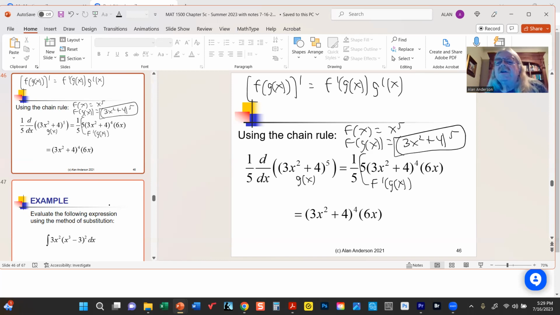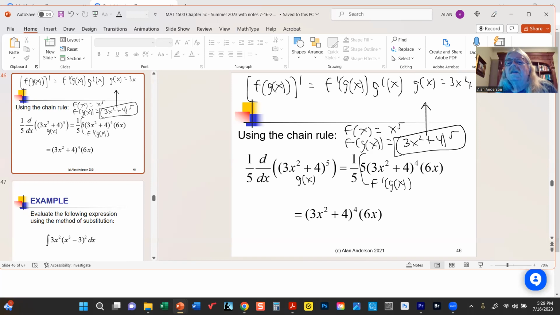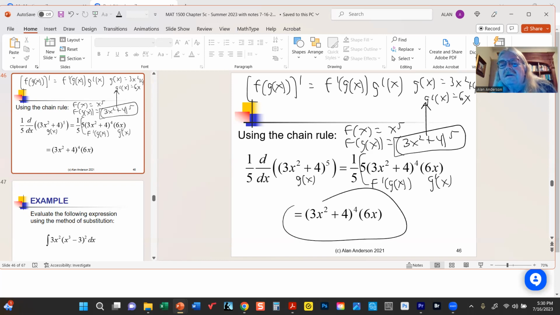And then we still need g prime of x. So since g of x is 3x squared plus 4, then g prime of x is 6x. And that's where this is coming from. And that's what we started out with.